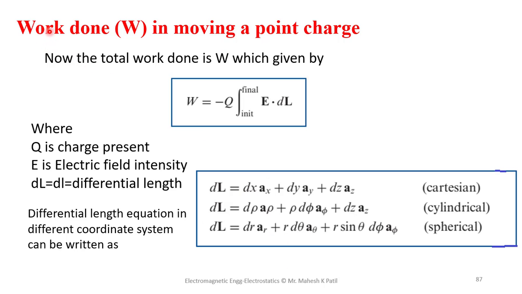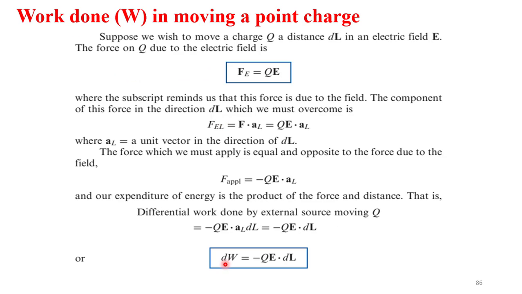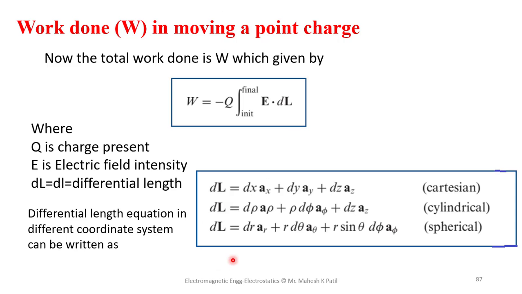Now consider we want to calculate the total work done in moving this point charge. So the total work done is denoted by W. Here total work done can be written as W is equal to integration of dW. Therefore total work done W is equal to minus Q integration of E bar dot dl bar, and the integration limits are from initial point to final point.